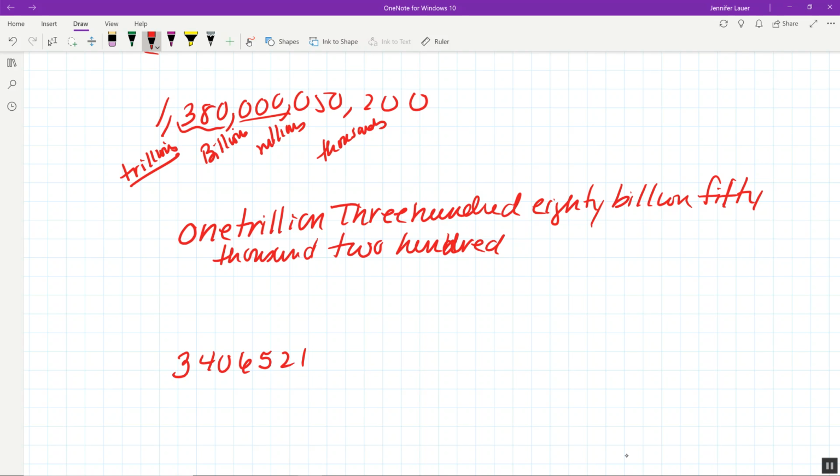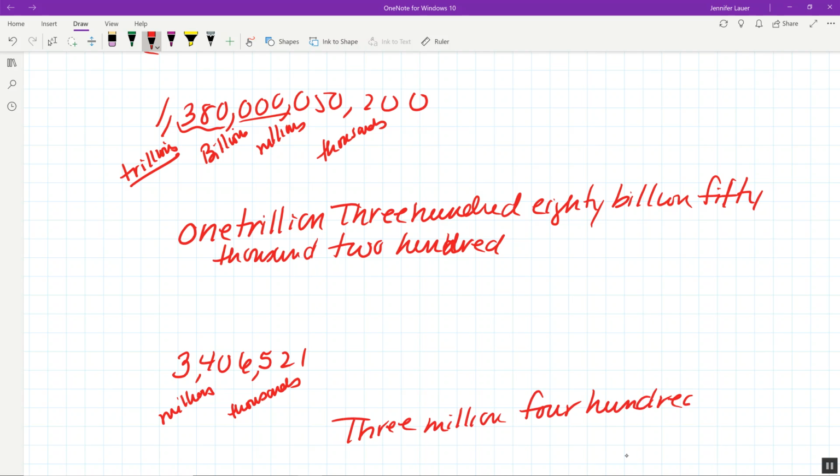And let's try one more of those if you have this. So they're kind of tricking you up saying, oh, look, we didn't put any commas in. Well, first you got to put the commas in. Count everything by 3. Start at the right, count to the left. 1, 2, 3, 1, 2, 3. Again, this is our thousands. This is our millions. So here we go. We're going to say 3 million, 406, or just 406.